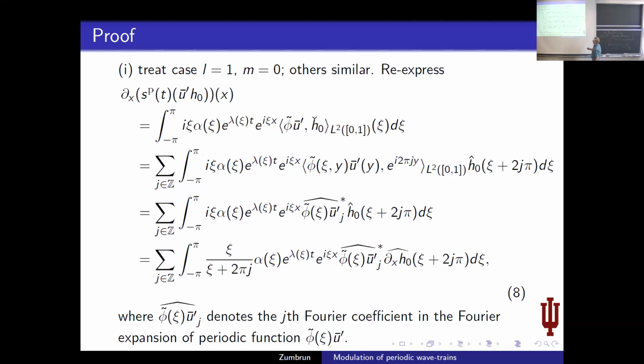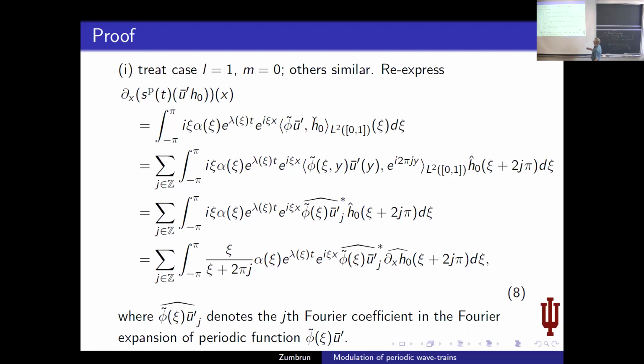Okay, so the LQ norm, this one we're going to pull outside as a supremum, and this one also as a supremum.